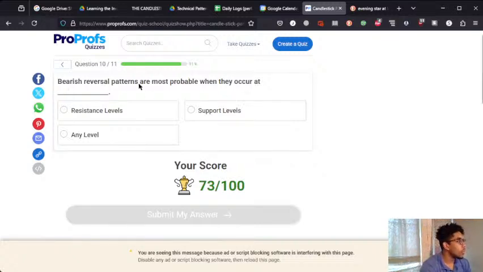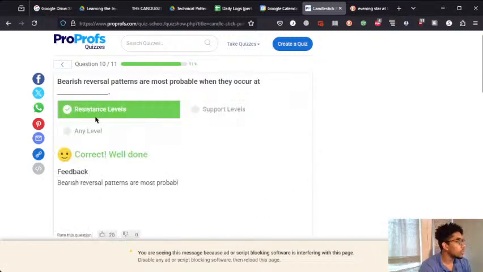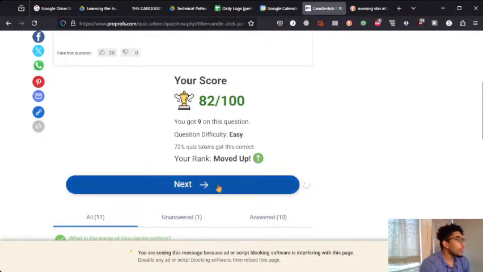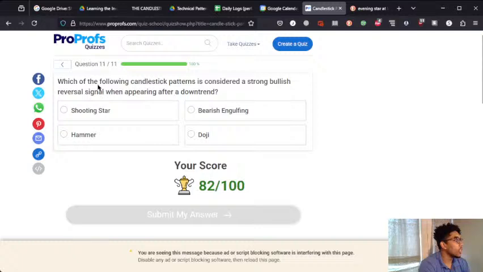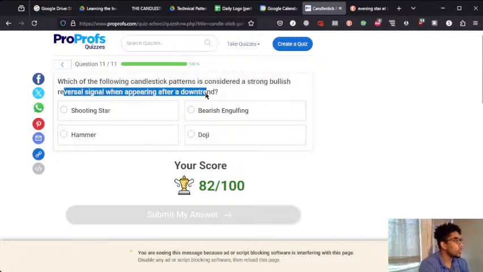So bearish reversal means that it's an uptrend and it's reversing to a downtrend. So I think it's a resistance level. Okay, falling candlestick patterns is considered a strong bullish reversal signal when appearing after a downtrend. Interesting.